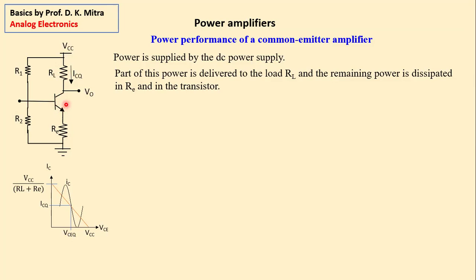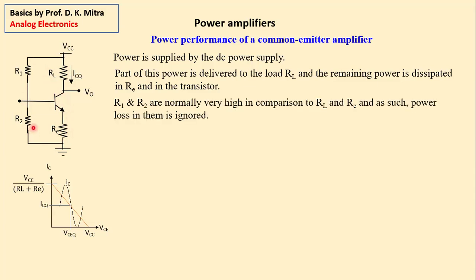So we have made a statement that power delivered by the power supply has three components. One component is in the load, another component is in RE, another component is in the transistor. Also, the power goes through these bias resistors, but these bias resistors R1, R2 are normally very high in comparison to RL and RE.